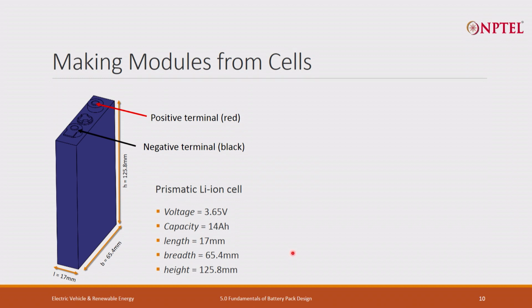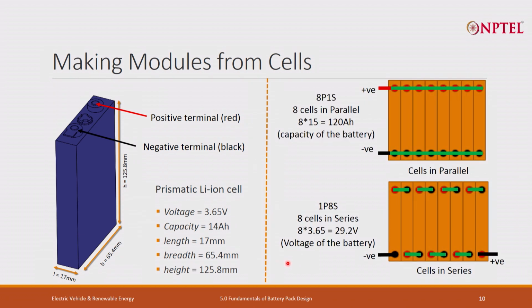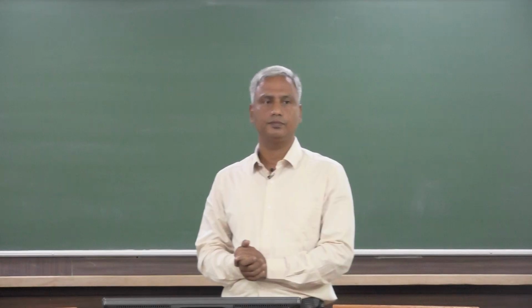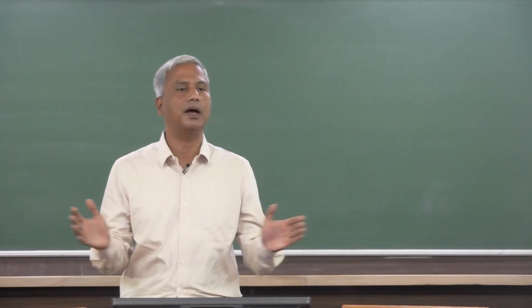Length, breadth and height are given. If I have to increase the capacity, what do I have to do? I have to keep the cells in parallel.